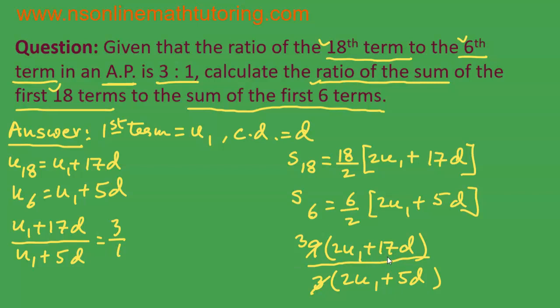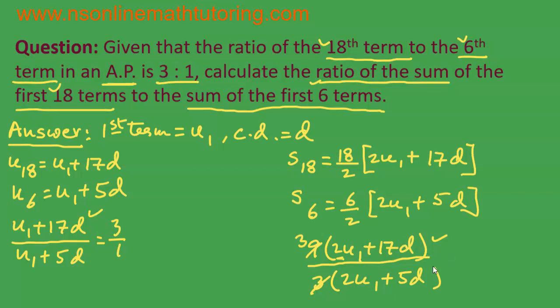Fine, but this is 2U1 plus 17D and this is only U1 plus 17D. So it actually doesn't help because we have this coefficient of 2. That is why I first expressed the ratio, to see whether one is a multiple of the other. No, it is not.